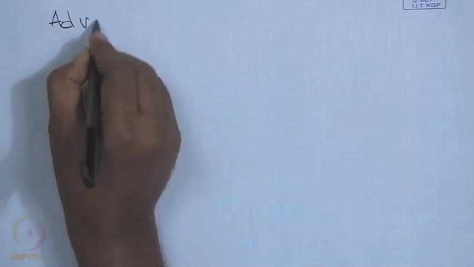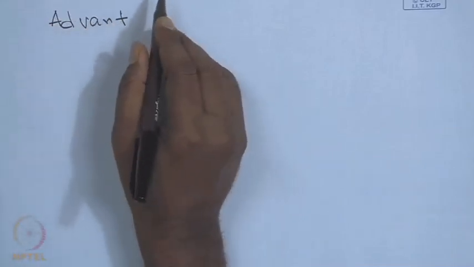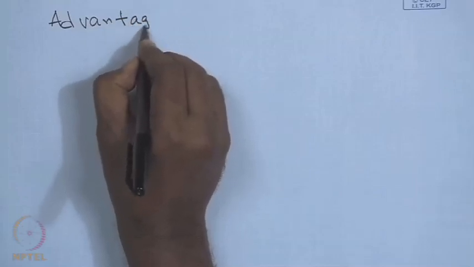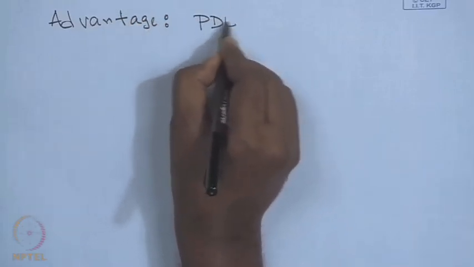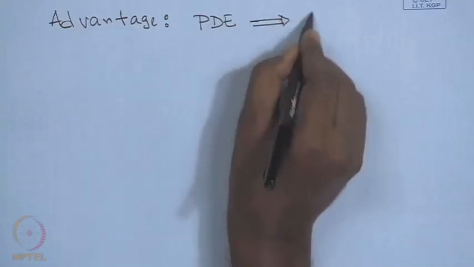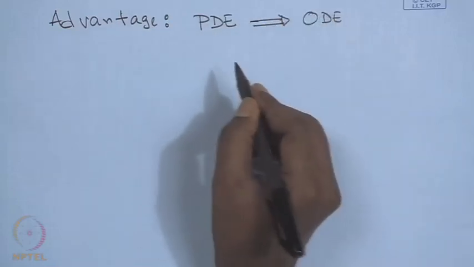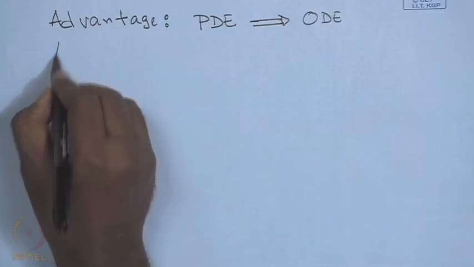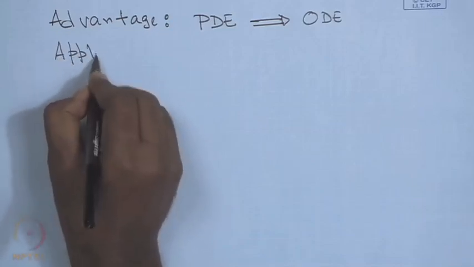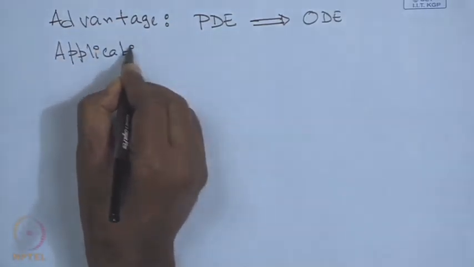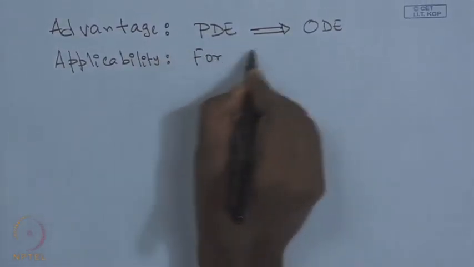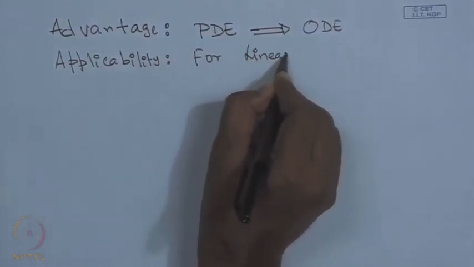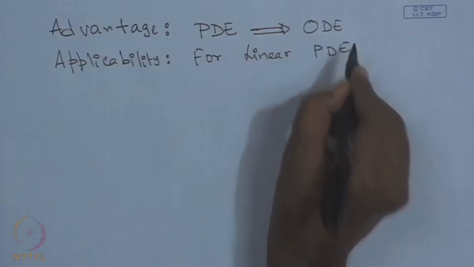The major advantage of Laplace transform, or any kind of mathematical transform, is that one can reduce a partial differential equation into an ordinary differential equation. That is the advantage, and the applicability of mathematical transform is for linear partial differential equations.